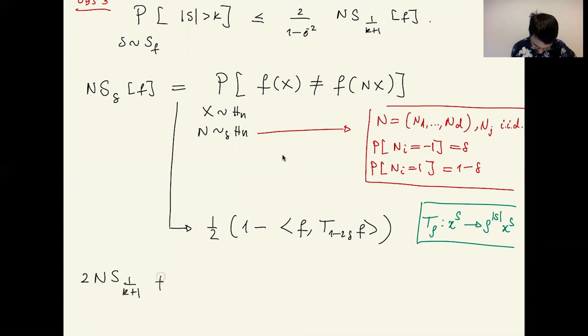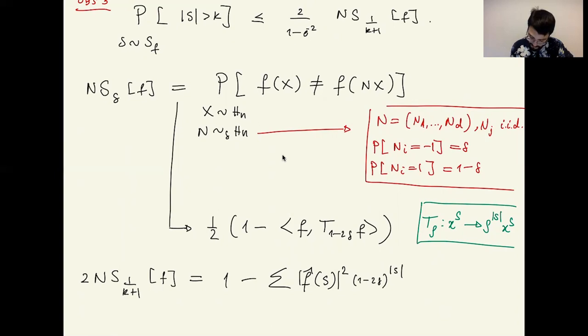What is it? Well, this identity here is just 1 minus the summation, and then we apply Plancherel, so that would mean that we would get exactly this: the modulus of S, f hat squared, and then this factor, 1 minus 2 delta to the power modulus of S.